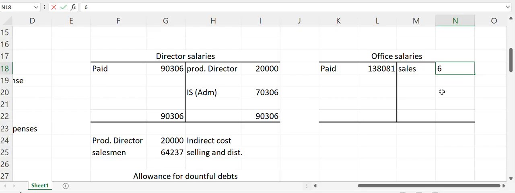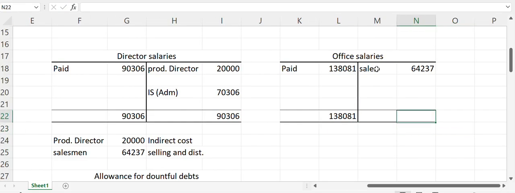So the figure is going to remain the same, the selling and distribution. Then the balancing figure should go to office salary, that is admin, in the income statement.